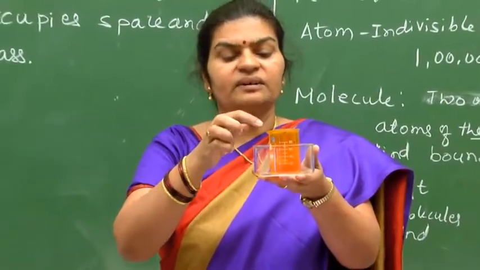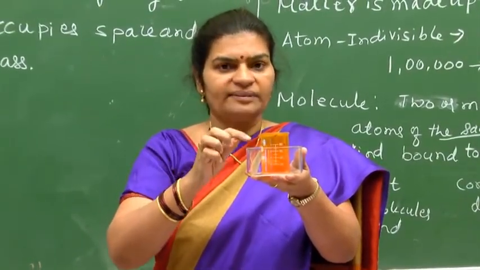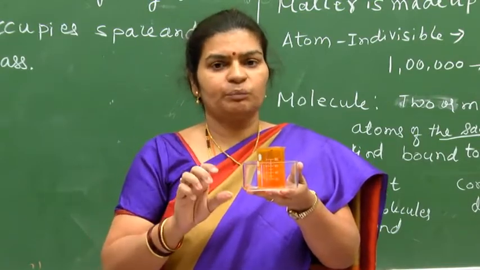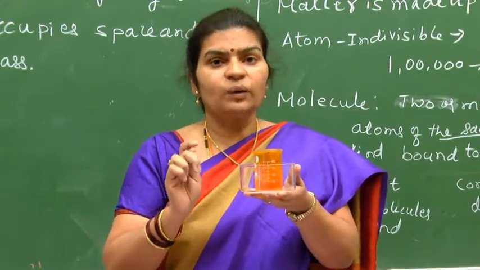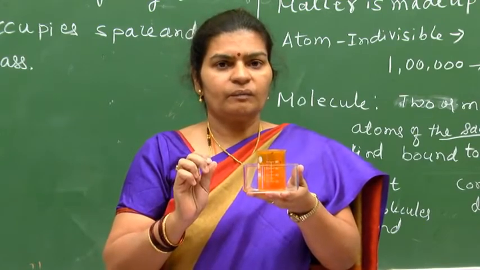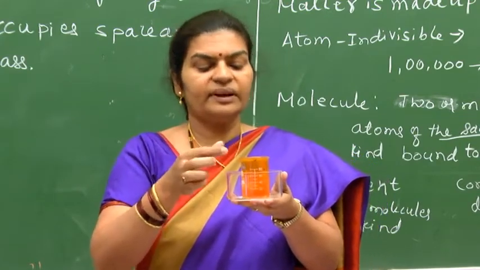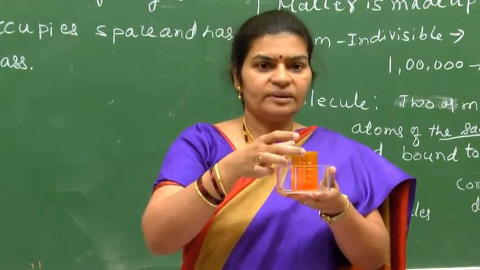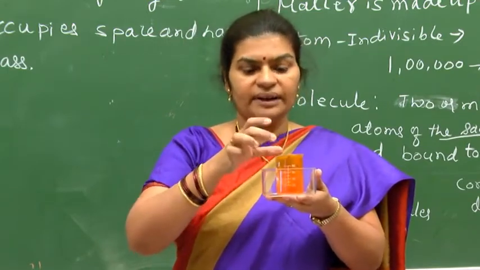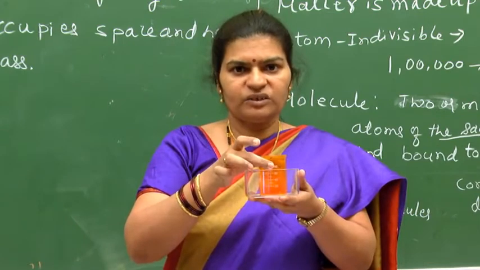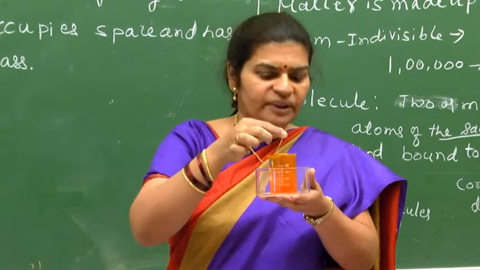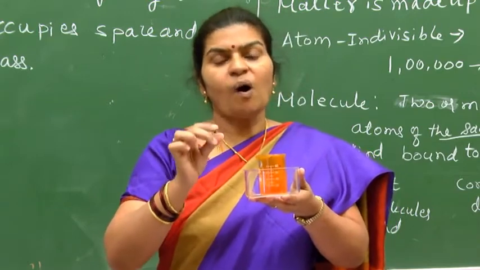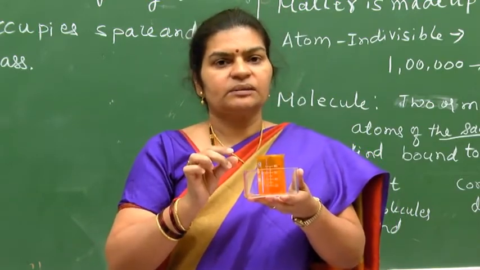You observe that some amount of this orange color liquid is going to spill out. Why is it going to spill out? The reason is, when this beaker is completely filled with the chemical liquid and we put the stone inside it, this stone is going to occupy some space.